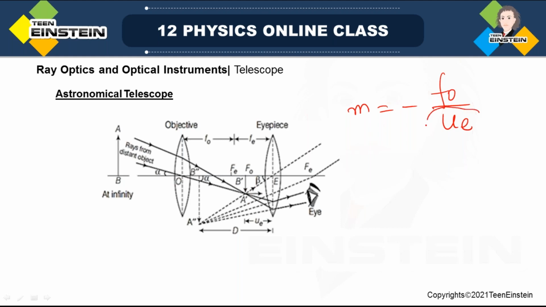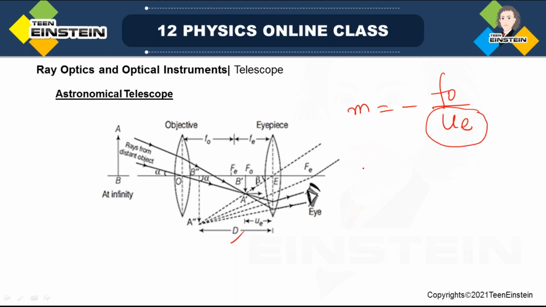So what we have to do is find out the value of UE in terms of other known terms. What are the other known terms? We know D, the image distance. We know the focal length of each, the objective and the eyepiece also. So we'll try to find out this UE in terms of these terms.